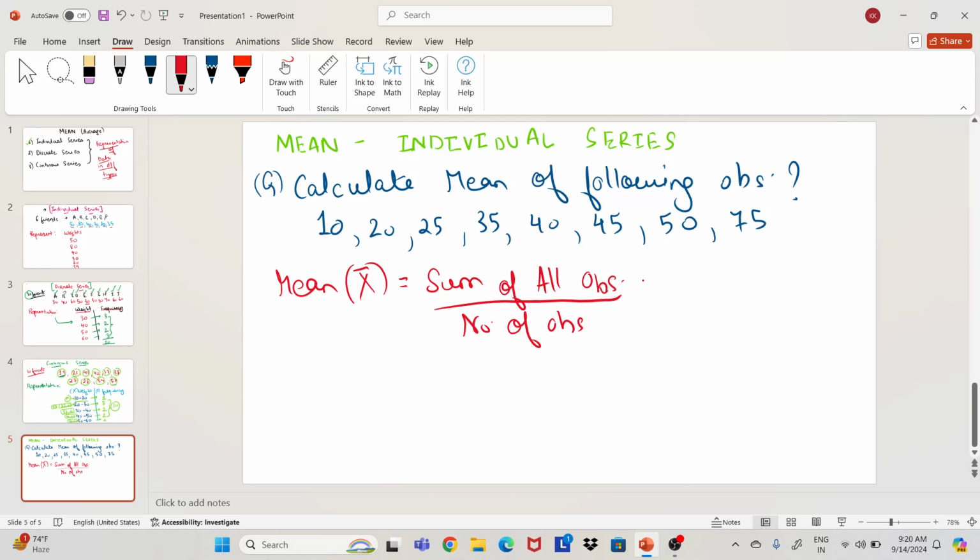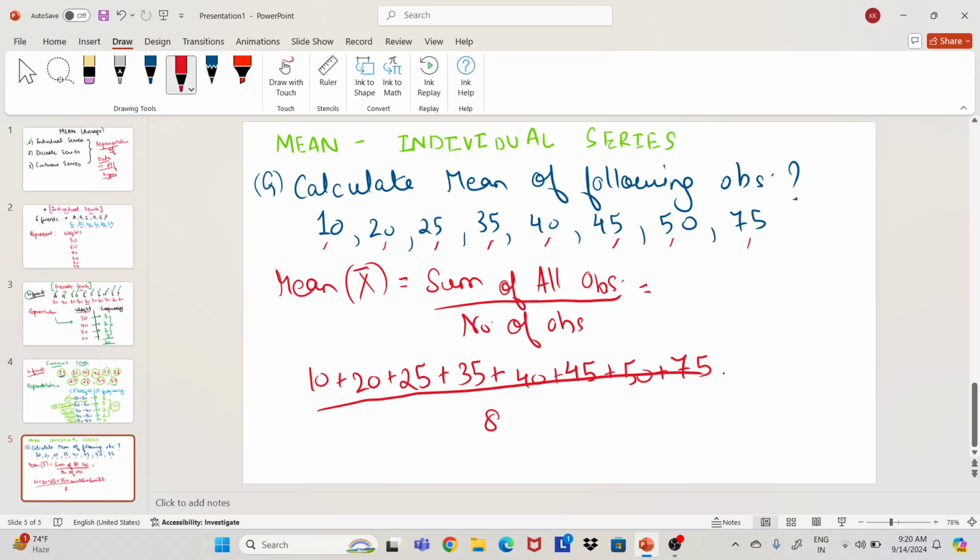That means the summation of all observations: 10 plus 20 plus 25 plus 35 plus 40 plus 45 plus 50 plus 75. And the number of observations, that is how many observations there are: 1, 2, 3, 4, 5, 6, 7, 8. So divided by 8. Let's add this up.